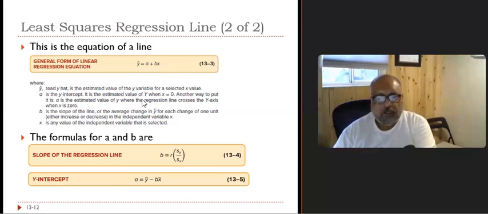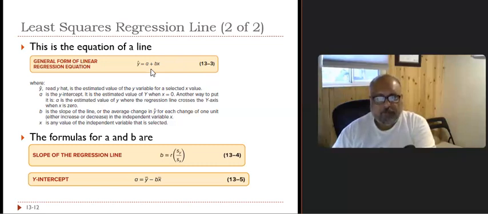So basically, we can find the value of a from this equation, and it could also be given. In this case, y is equal to a plus bx. B is the slope of the line, and a is the y-intercept.